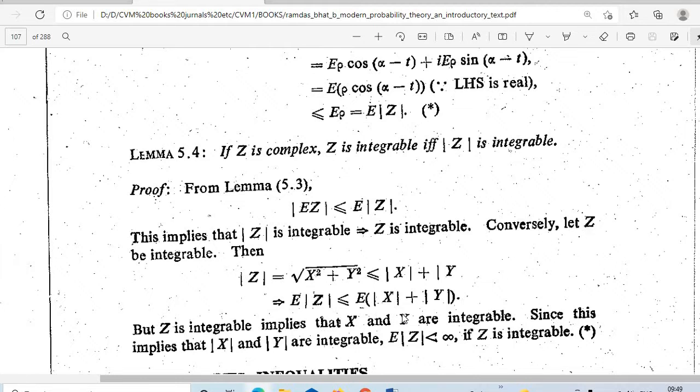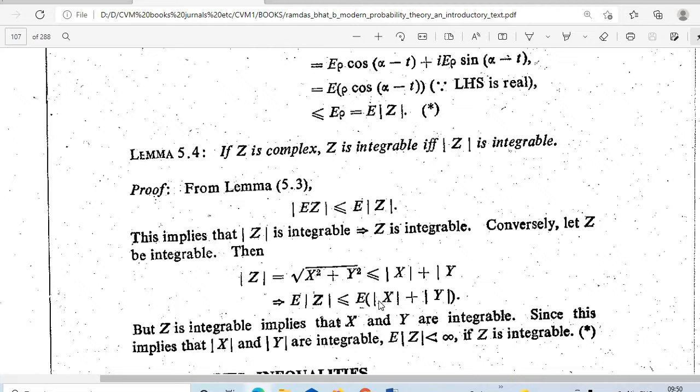Since x and y are integrable, mod x and mod y are also integrable.